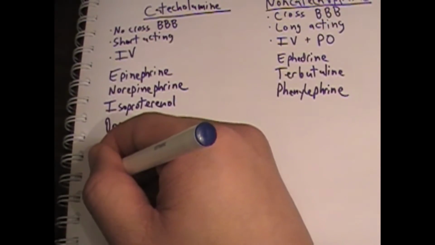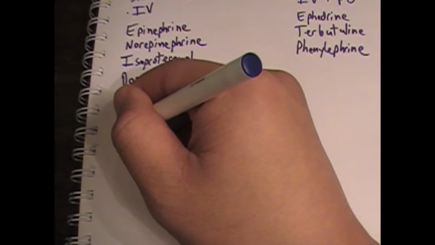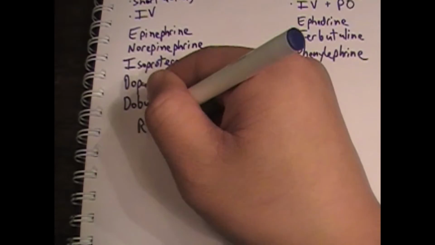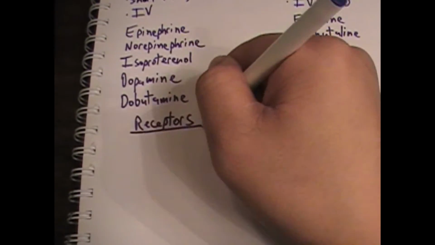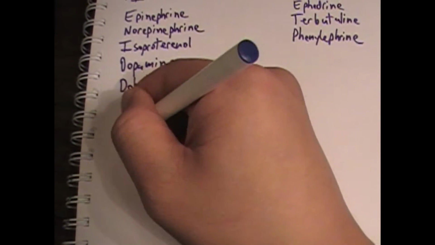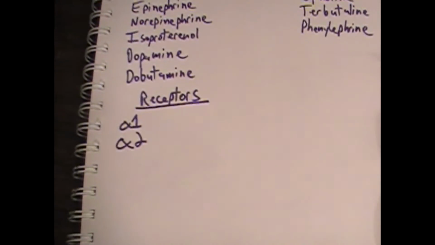So we're going to start out by going over the different adrenergic agonist receptors. I think this will be easier by starting out by explaining what each of the receptors are, and then we'll go over which medications affect which receptor.